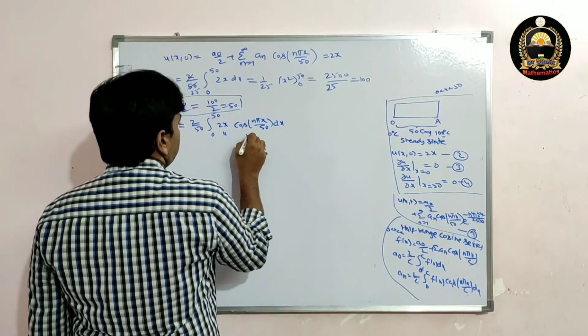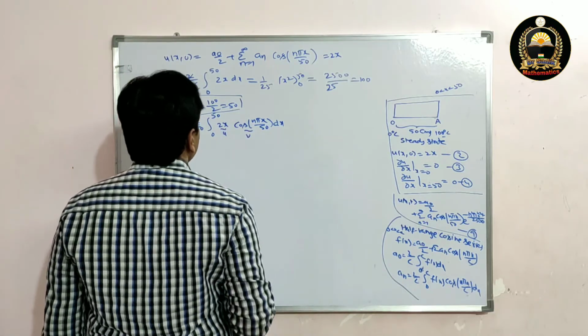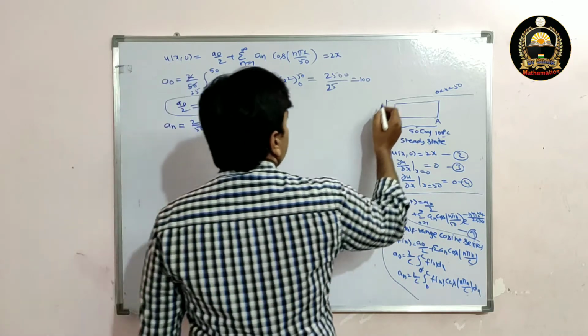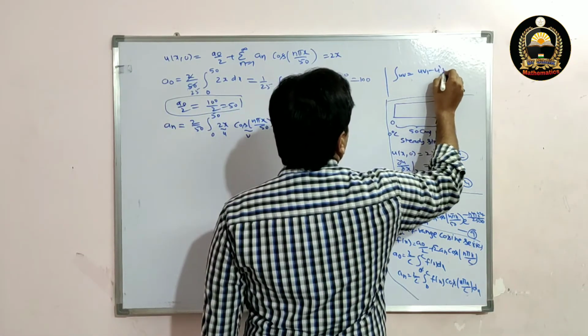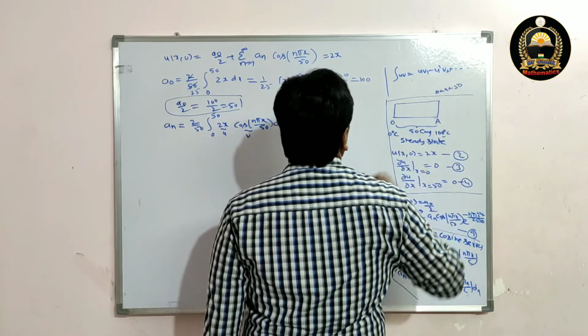Apply the uv rule, students. This is u and this is v. What is the uv rule? Integral of uv is equal to u v1 minus u dash v2 plus and so on.